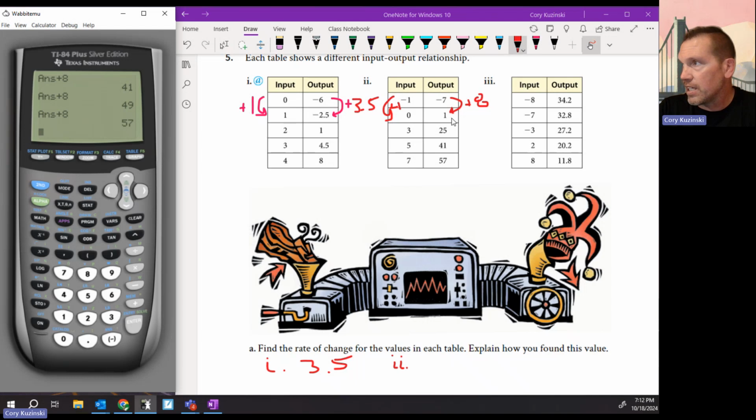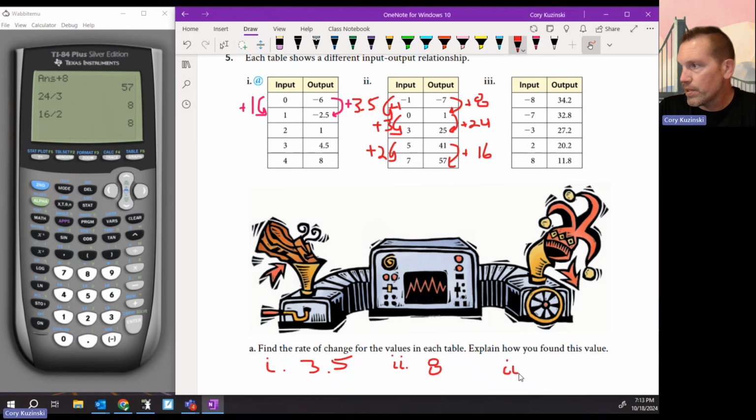So we have to be careful here, because even though this is an increase of 24, that doesn't mean it's not linear. This was an increase of 3, and 24 divided by 3 is 8 again. And this is an increase of 16, but that's because our inputs went up 2, and 16 divided by 2 is also 8, so our constant rate of change here is 8.